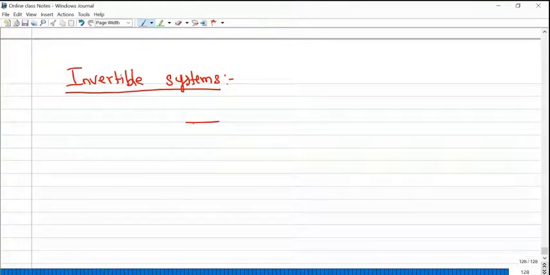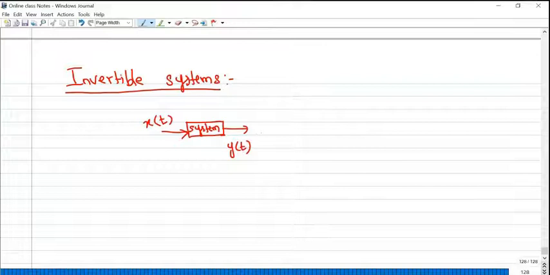A continuous time system or a discrete time system. Okay. First, let us assume a continuous time system. The system input is x of t. And the response of the system is y of t. Or the output of the system is y of t.